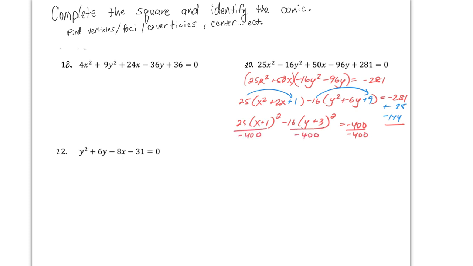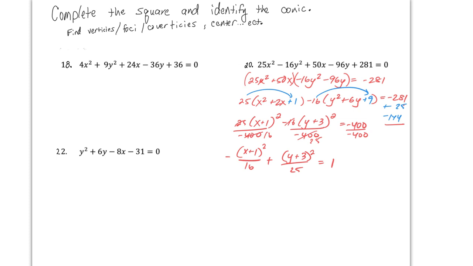So negative 400. So this is going to be x plus 1 squared over 16. This is going to be a plus, so that's going to cancel. That's going to be 25, right? This became a 16. And so this is going to be y plus 3 squared over 25, and it's going to equal positive 1.